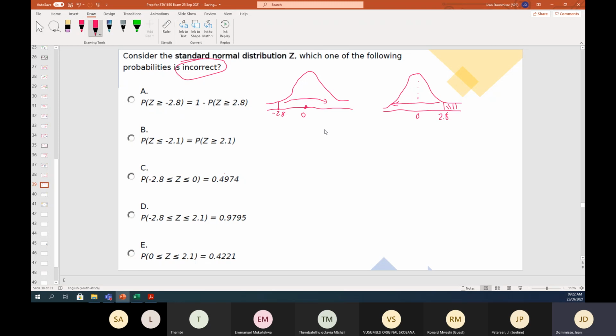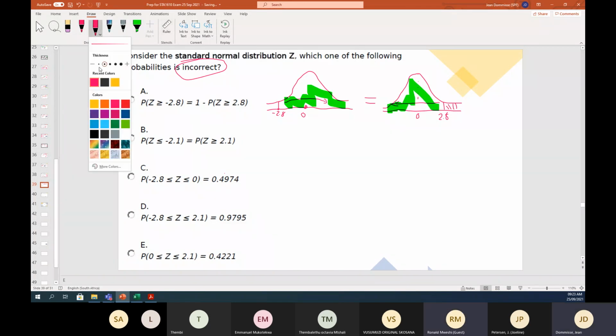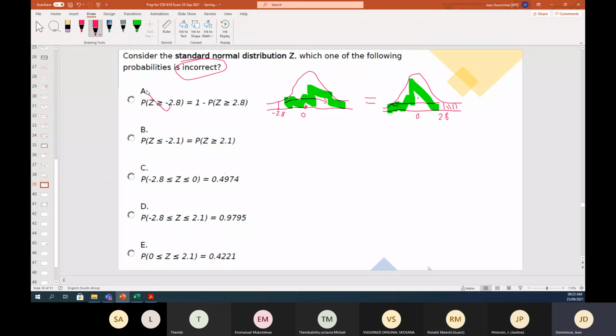Okay, so what do you guys say? Are those two equal to one another, or not? Is that area and that area exactly the same? Yes. Okay, correct.